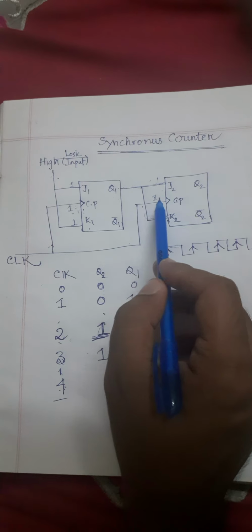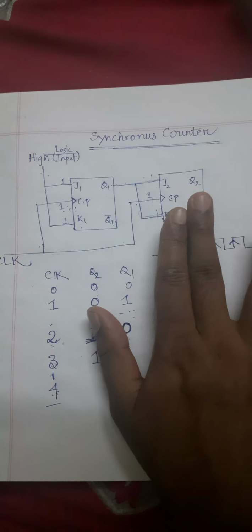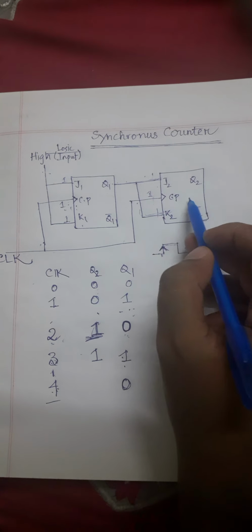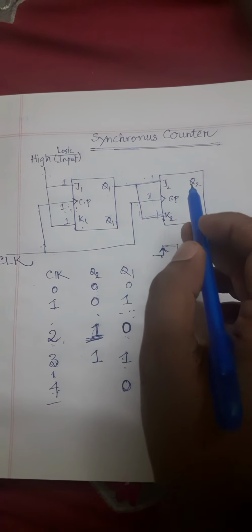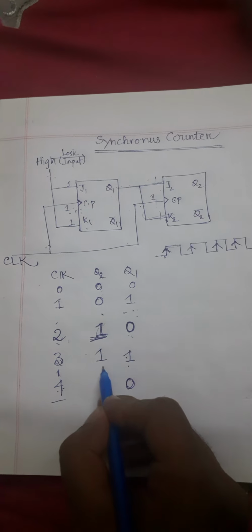So all ones are provided through the inputs of a JK flip-flop. All ones means it will get triggered, and if it gets triggered, it will provide a toggled value at the output. Previously the output was 1.